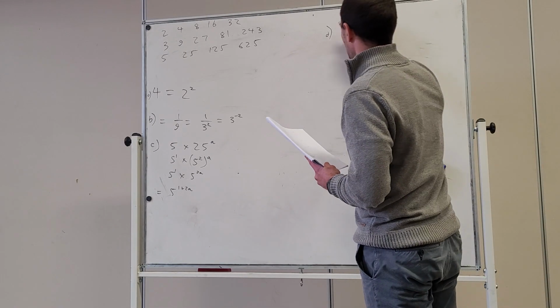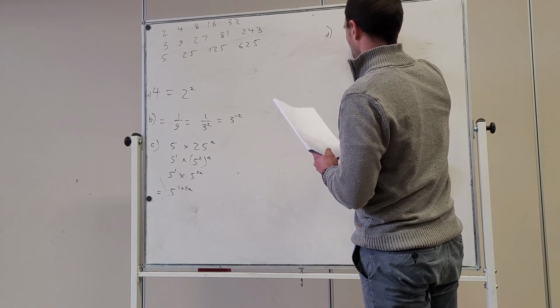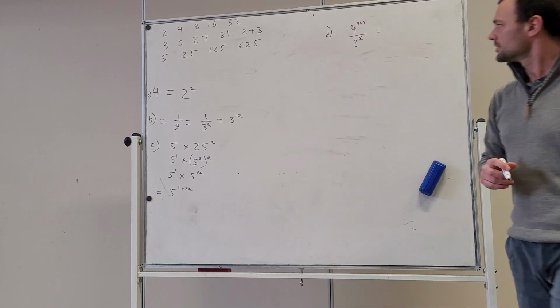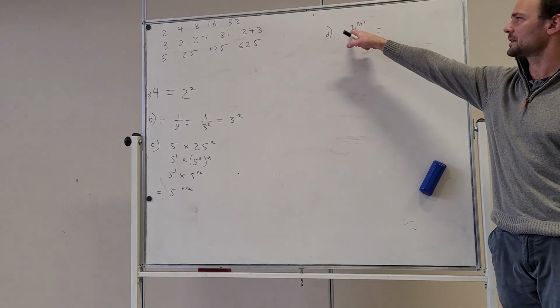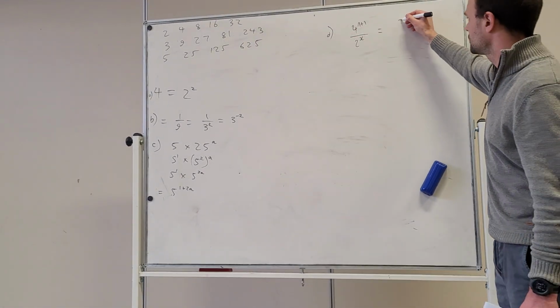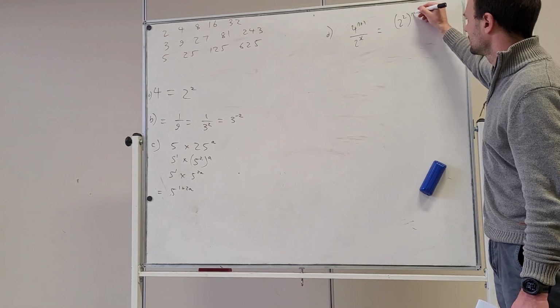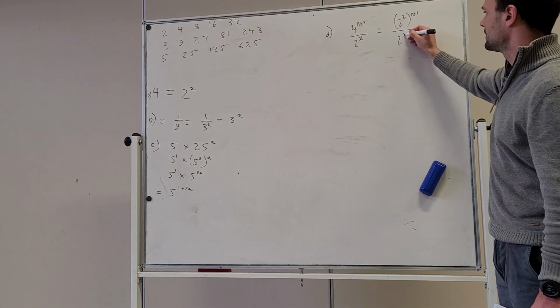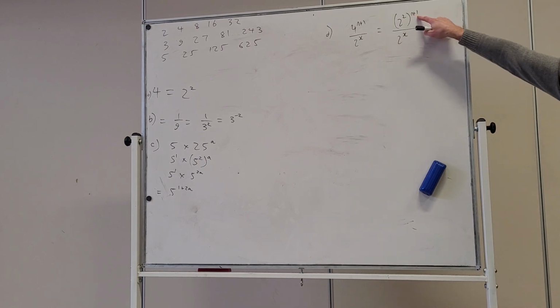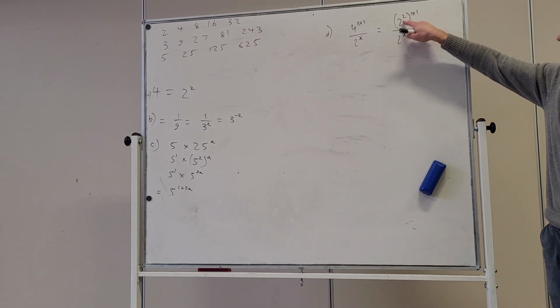So we have 4 to the n plus 1 on top of 2 to the power of x. Our first step is going to be to express this as a single power of 2. 4 is 2 to the power of 2, and we have a power of 2 at the bottom. Then this power here multiplies the 2, right?